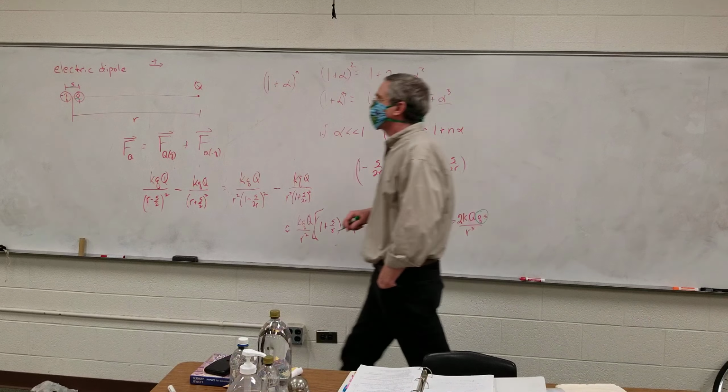Make sure I didn't get that backwards. Yeah, that's right. And so we can express the force here as 2k big Q over r cubed times the electric dipole moment.